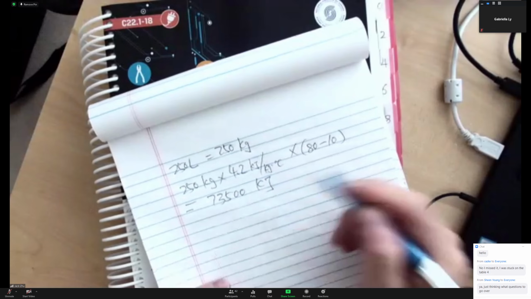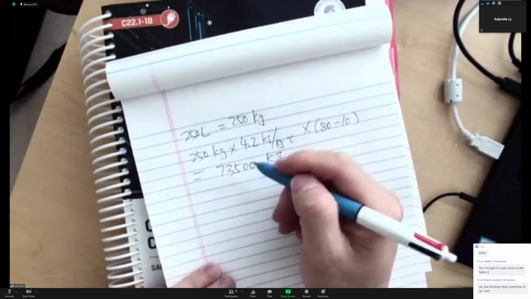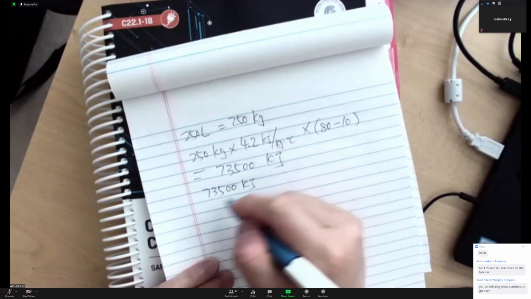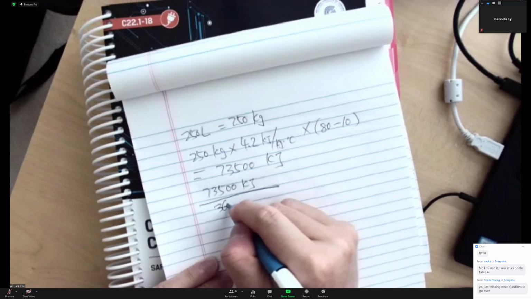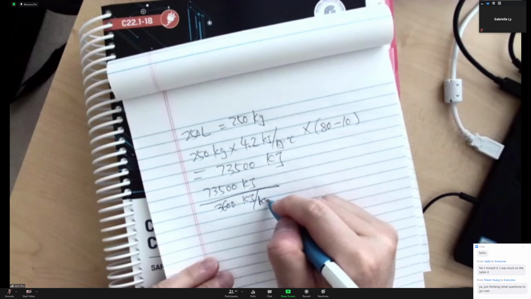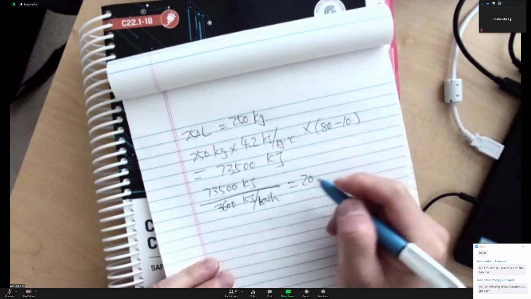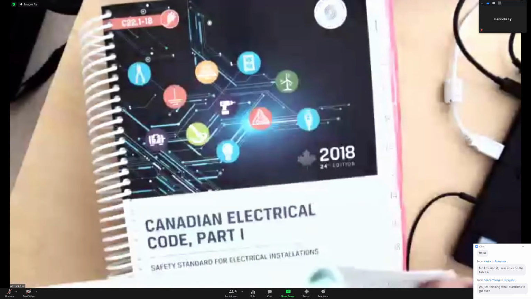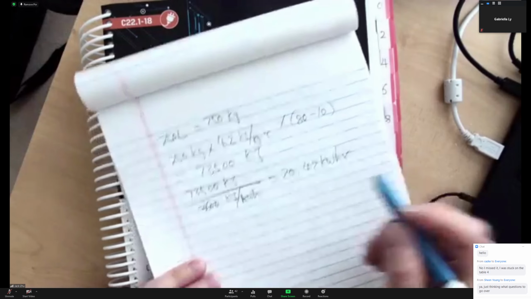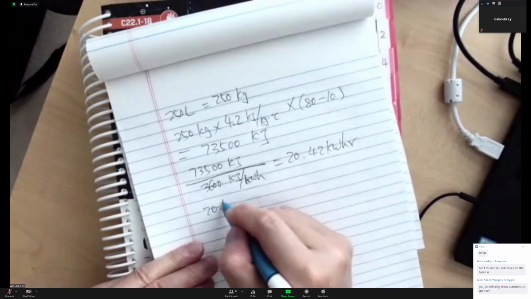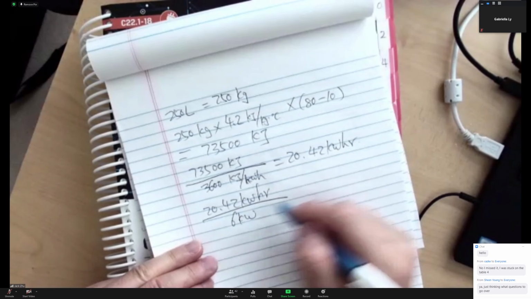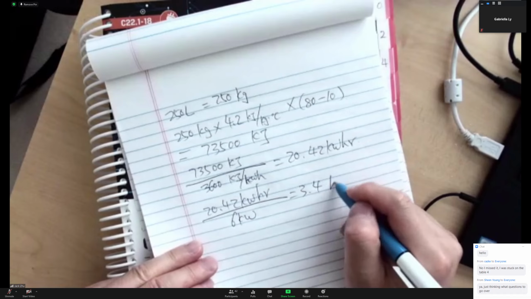73500 kilojoules. Then convert that number into kilowatt hours. 20.4 something kilowatt hours, and 20.42 kilowatt hours divided by 6 kilowatts, 3.4 hours.